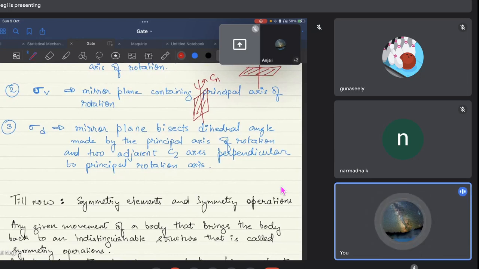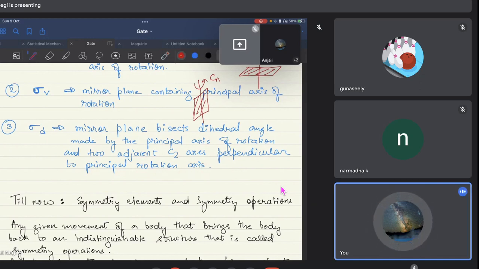Again, sigma d is the mirror plane which bisects the dihedral angle made by the principal axis of rotation and the two adjacent C2 axes perpendicular to the principal rotation axis.